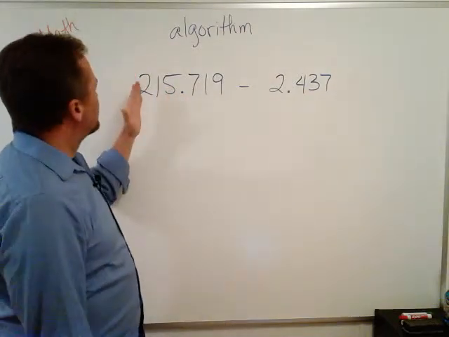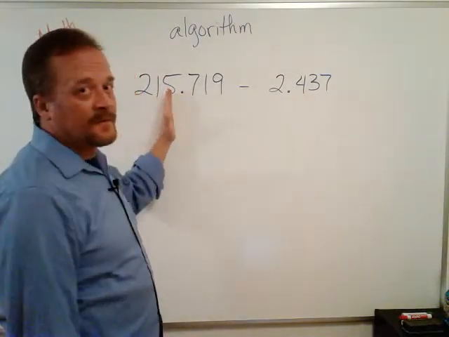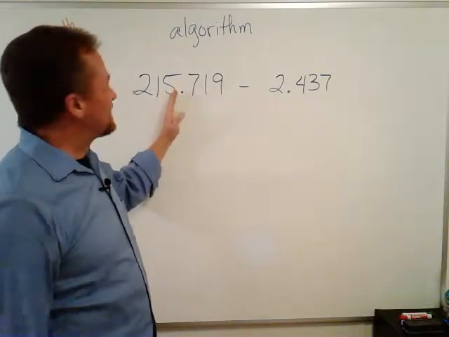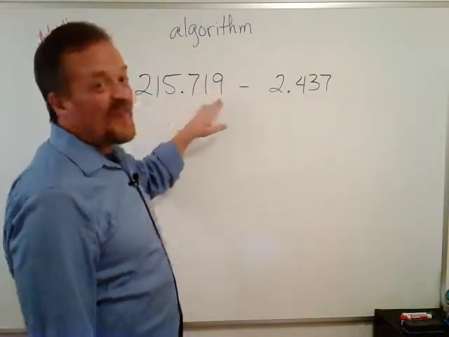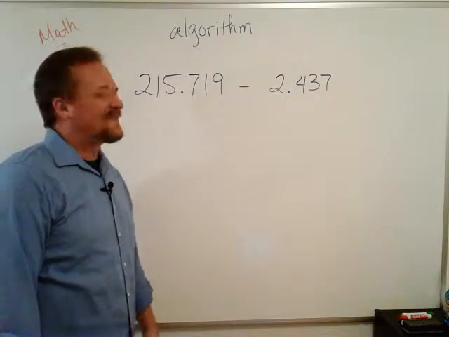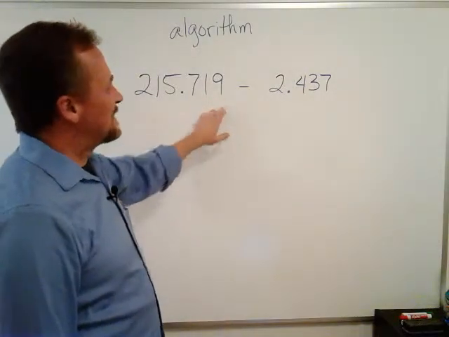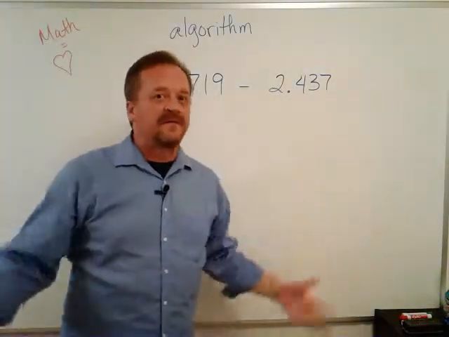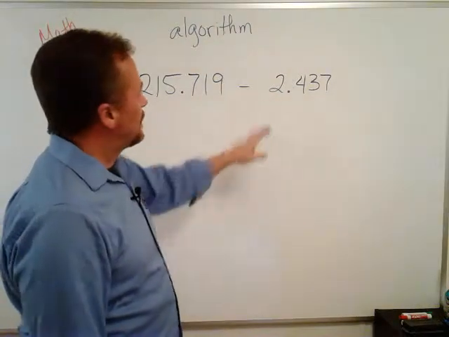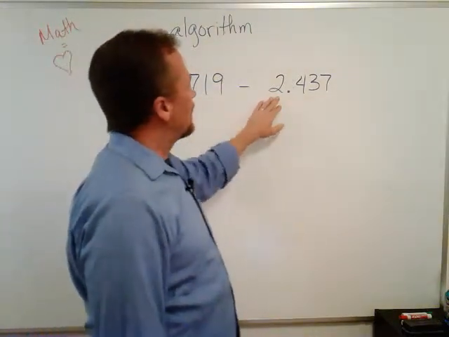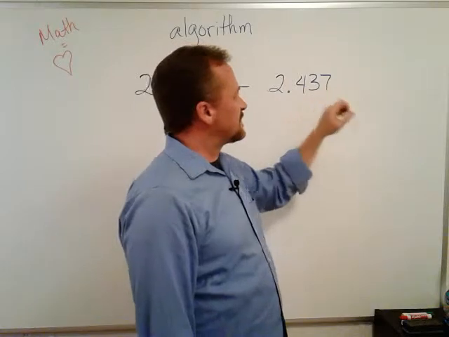I have hundreds, tens, ones, and then on the other side of the decimal point, I have tenths, hundredths, and thousandths. The 9 in here represents 9 out of 1,000 different pieces that would make a 1. This other one has a ones place, and then I also have tenths, hundredths, thousandths.